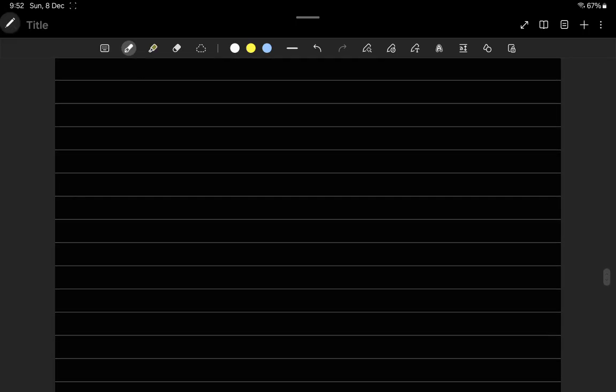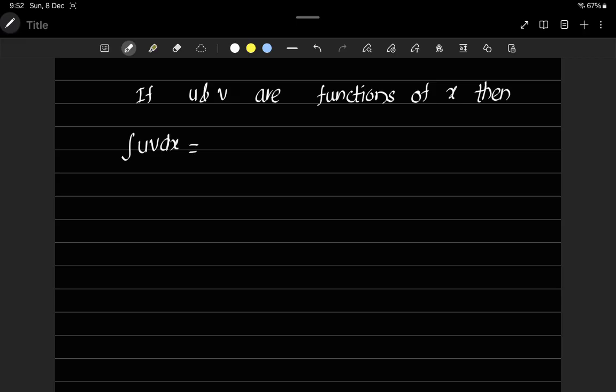So what it says is, if u and v are functions of x, then the integral of uv dx is equal to u v1 plus u dash v2 plus u double dash v3 plus u triple dash v4 and so on.